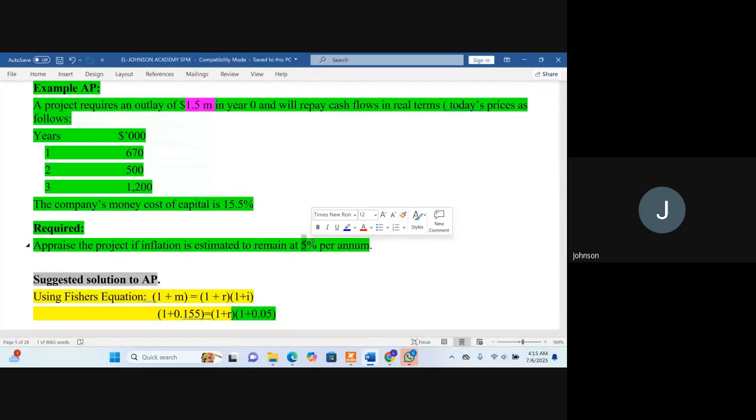Why don't I leave the cash flows the way they are, not inflated, instead of inflating the cash flows one after the other?